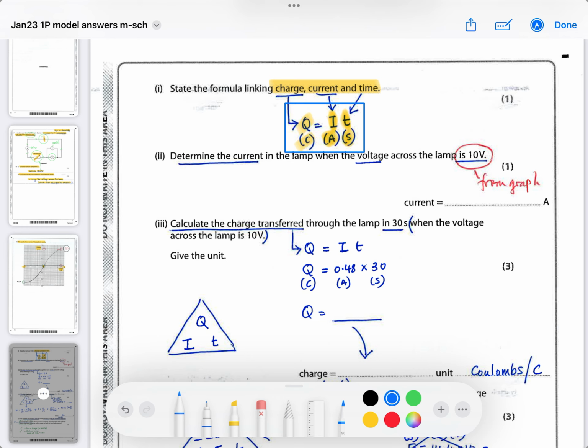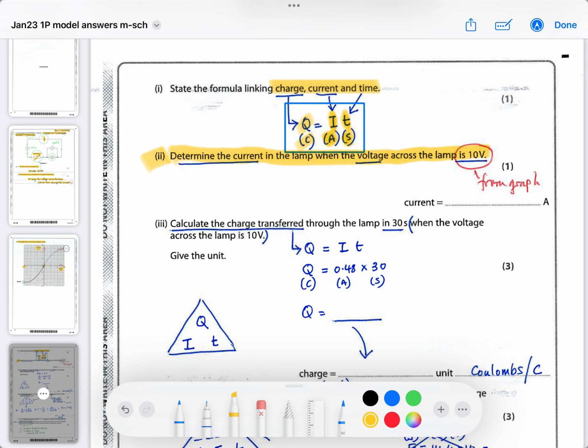Now, if they're giving you the equation sheet again this year, maybe they'll have fewer questions like this where they ask you to just state the formula, because obviously the formula is given to you on a sheet, you just have to find it. So maybe they'll go straight into questions like part 2, which says determine the current in the lamp when the voltage across the lamp is 10 volts.